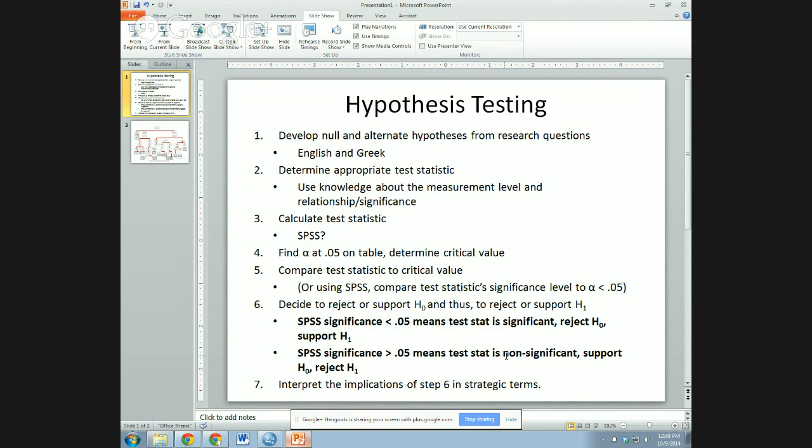And then based on that, we decide whether or not we reject the null hypothesis. Less than 0.05, we support the alternate hypothesis and reject the null; if it's greater than 0.05, we reject the alternate and support the null hypothesis. And then we translate that back to how we answer our research question.